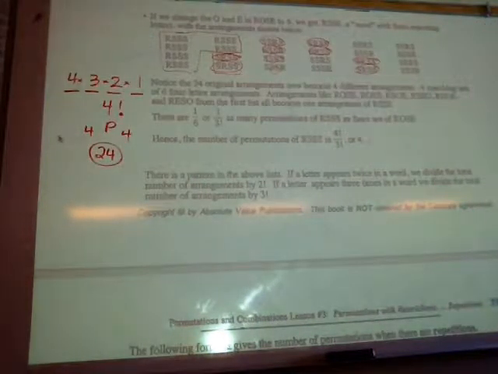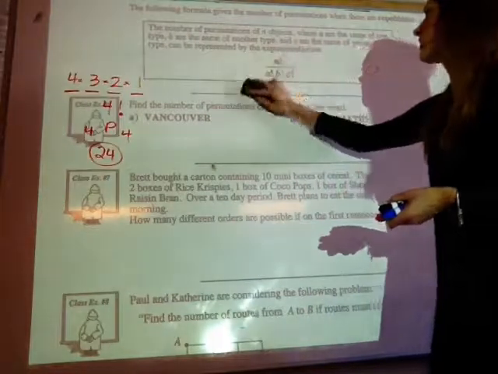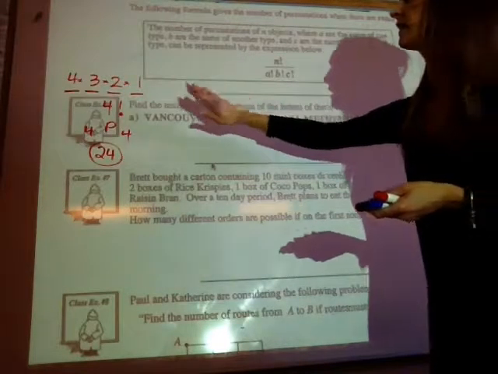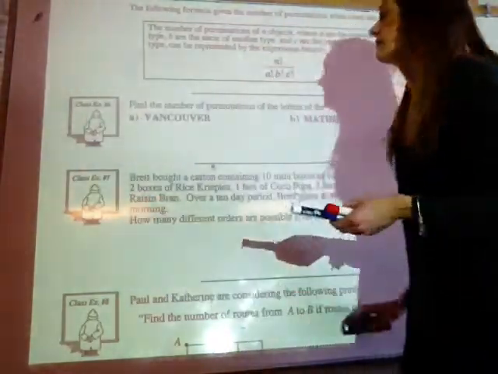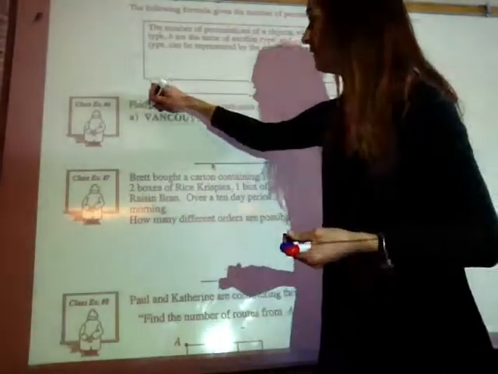I'll go to the next page. This is the general rule for repetition. You take the total number of objects and divide by the factorial of the number of times each repeated item appears. Let's look at Vancouver, for instance. Are there any letters that repeat? Yes, V's.